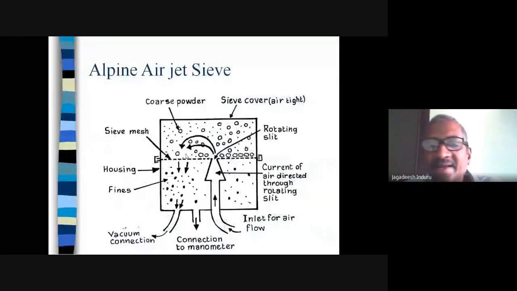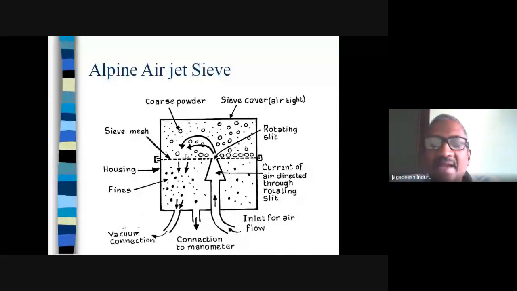In the Alpine air jet, we have a square, cube-like structure. It is divided into two portions, the top and the bottom. The top is the dome, which contains a sieve placed in between. The sieve separates the powder into two fractions, with the powder placed above the sieve.